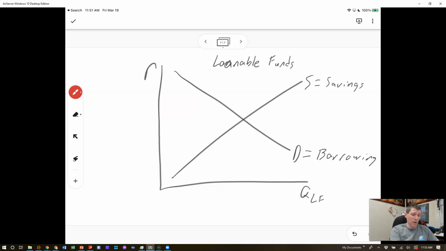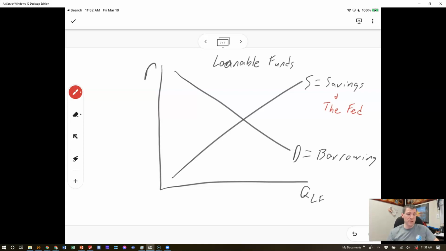But savings can also wind up being the Fed. So if the Fed is buying bonds, let's say we're doing expansionary monetary policy, the Fed is buying bonds on the open market. It could buy directly from banks, and if it does, all the money becomes instantaneously excess reserves available to be loaned out.